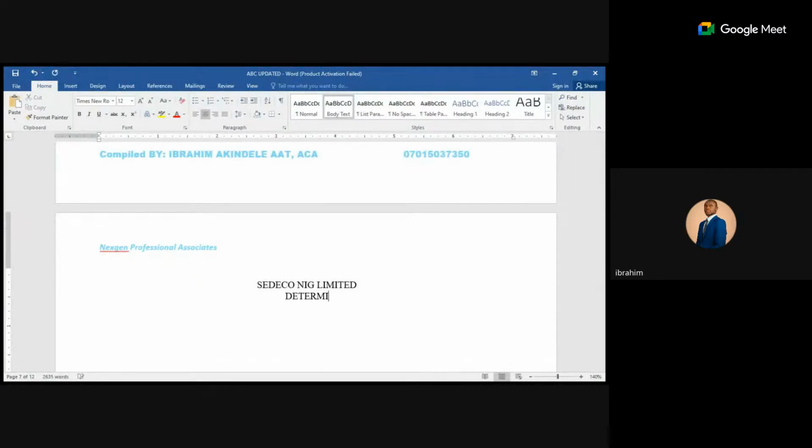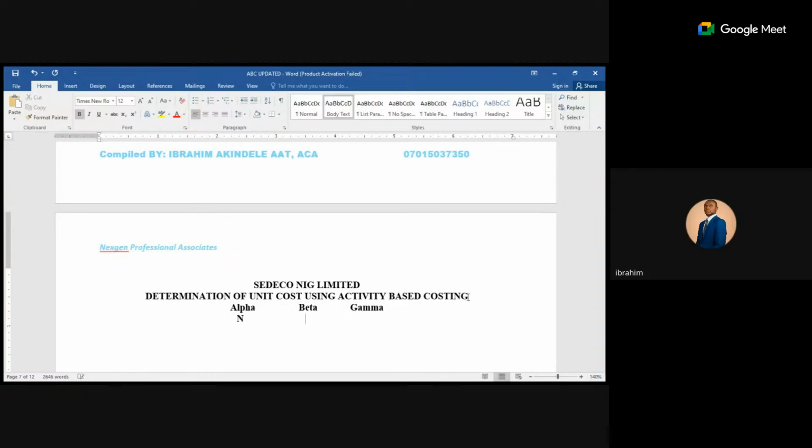Determination of unit cost using activity-based costing. All right, so we have alpha. After alpha, we have beta. Then we have gamma. So we can put the arrow sign.